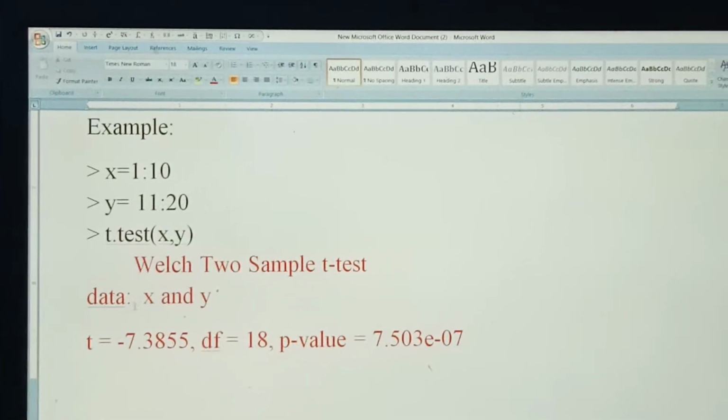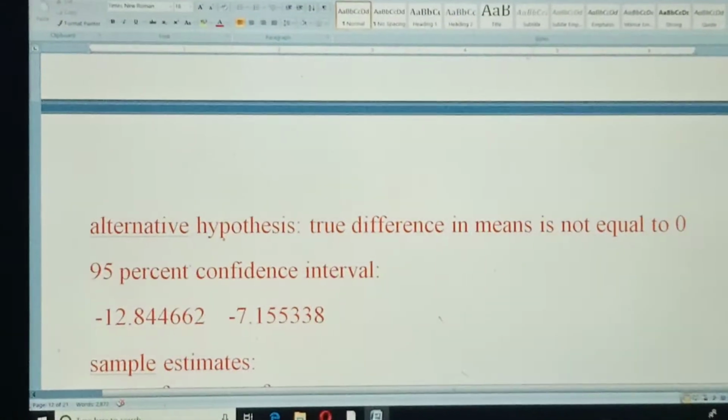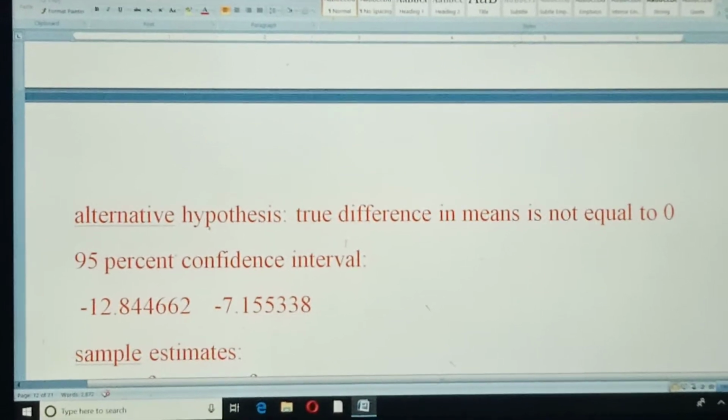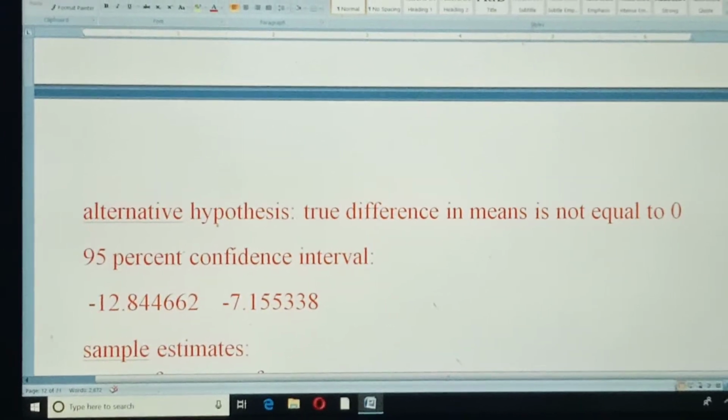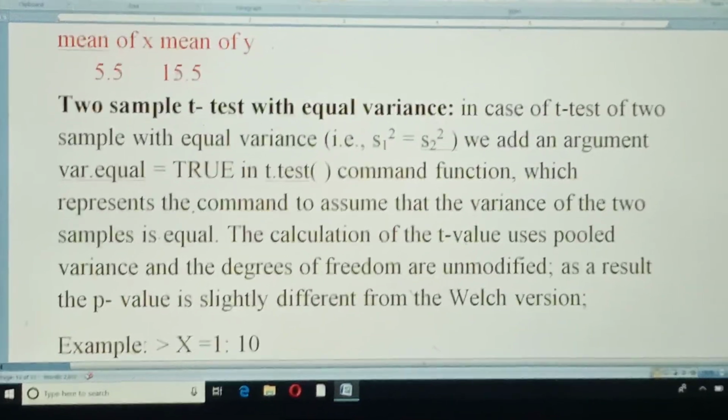This is the output that you can look at in the R console, and it gives all the values, the alternative hypothesis, 95% confidence intervals, as well as the sample means, as we have seen earlier.